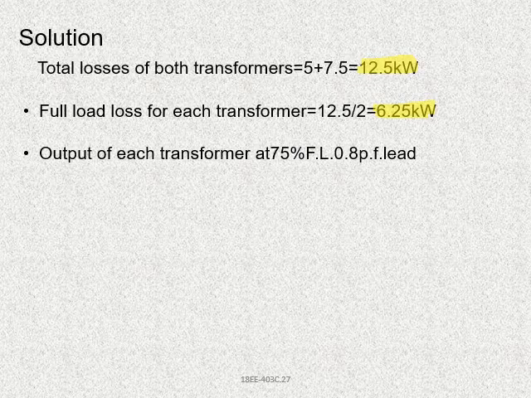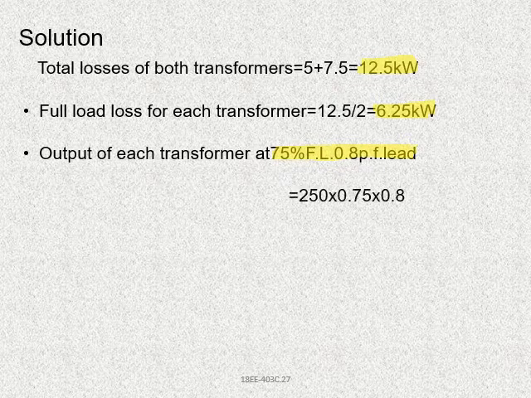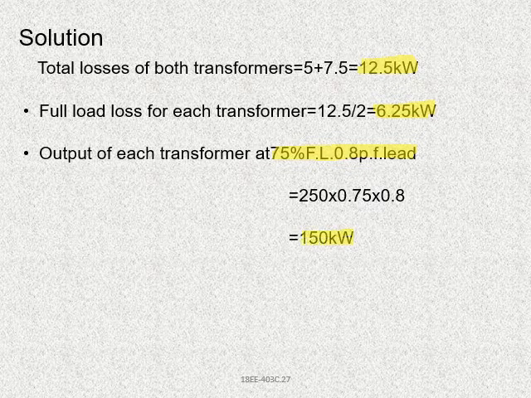And the output of each transformer at 75% of full load with 0.8 power factor leading is 0.75 into 250 into 0.8, which is 150 kW at 0.8 power factor leading.